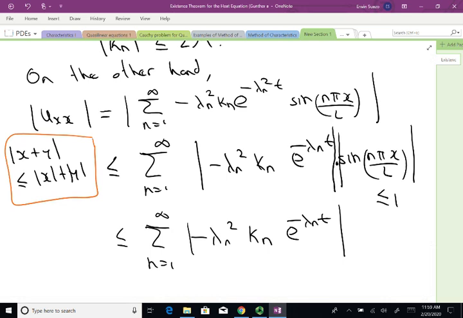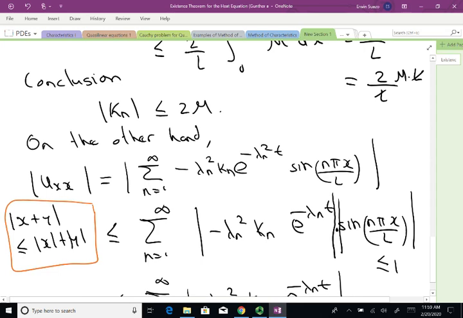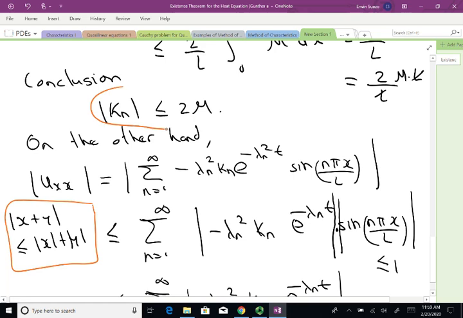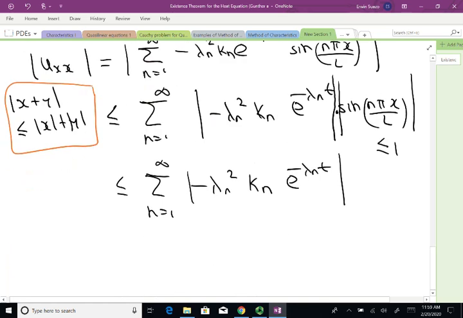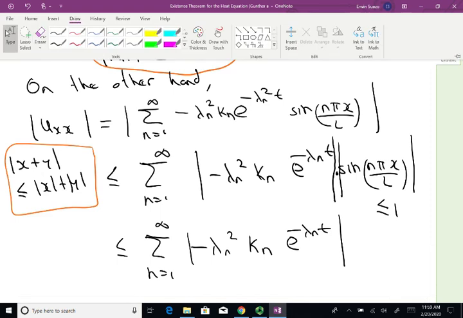And now I just proved that my k sub n are less or equal than 2m, right? So I can also split my absolute value.